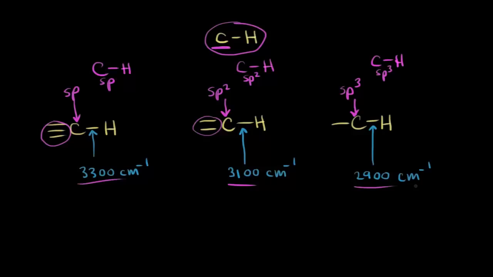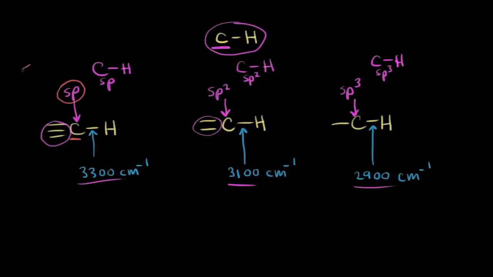And so how do we explain these different wave numbers, because they're all carbon-hydrogen bonds? Well, we need to think about the hybridization. So if we look at the sp hybridized carbon, remember that means that this carbon has two sp hybrid orbitals. And an sp hybrid orbital has the most s character out of all these orbitals that we've discussed here.